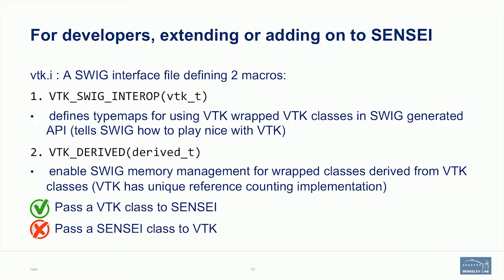With these things, you can safely pass a VTK class into SENSEI, but this doesn't do anything about VTK itself. VTK will not understand how to consume SENSEI classes, even though they're VTK objects, and one would expect that VTK would understand how to deal with its own objects. Because of the different wrapping systems, that's just not possible.